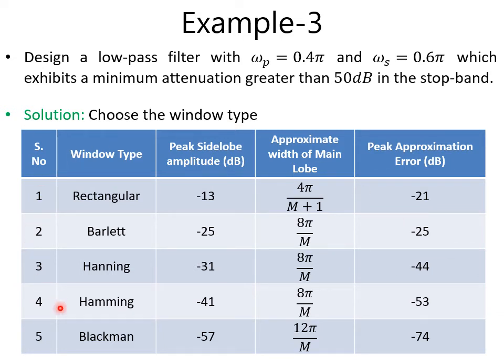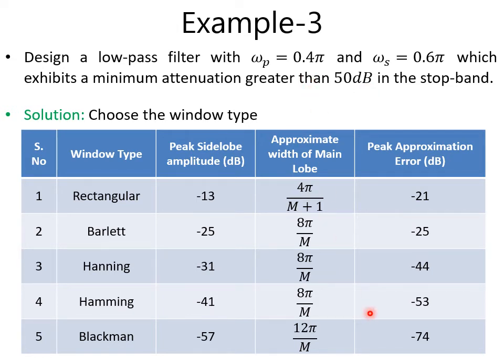Right. So from this table you can decide which window function we need, depending upon the requirement of the ripples. We are given the requirement that minimum attenuation at the stop band should be 50 dB.